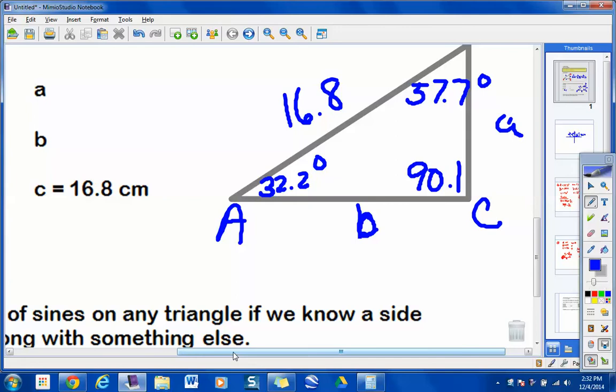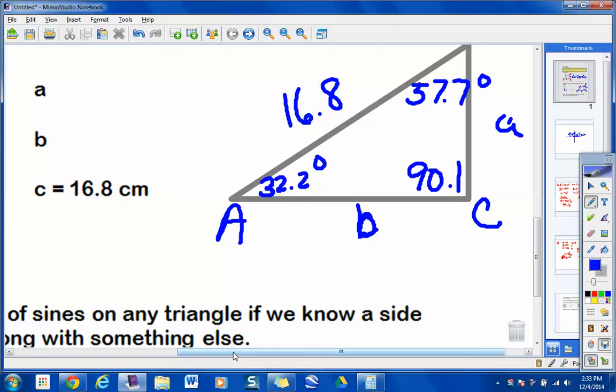So I'm going to use my new formula, which says a over sine A equals b over sine B, which equals c over sine C. Here's a question for you. Which of the three variables, A, B, or C, do you know the angle for and its side? C. C is 90.1 and its side is 16.8.